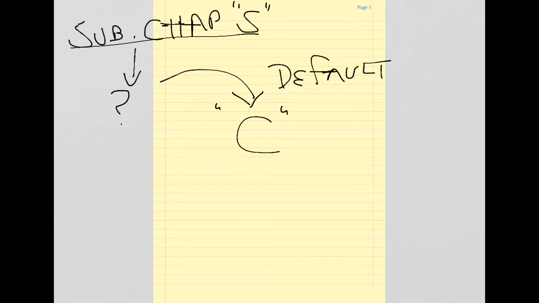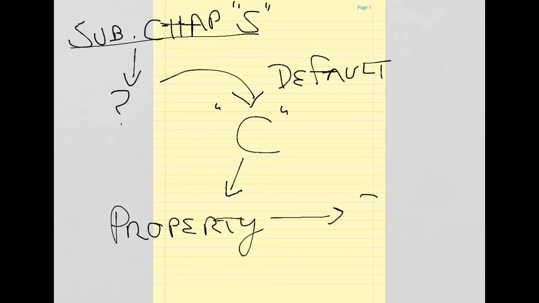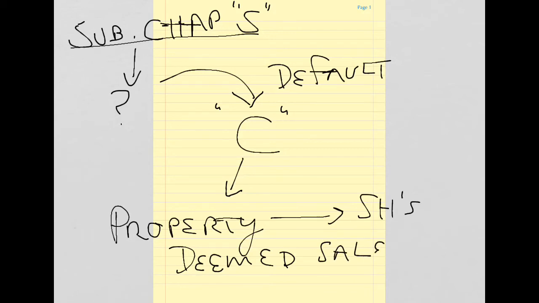So what happens basically is the following. In a situation where a C corporation distributes property to its shareholders, makes a distribution of property to the shareholders, we learned that this is to be recognized under subchapter C as a deemed sale by the corporation, recognizing tax as if it was sold.